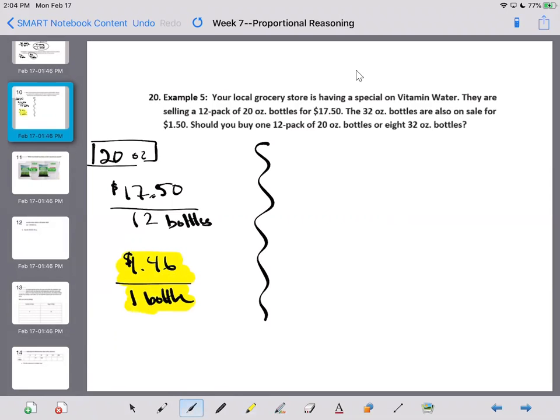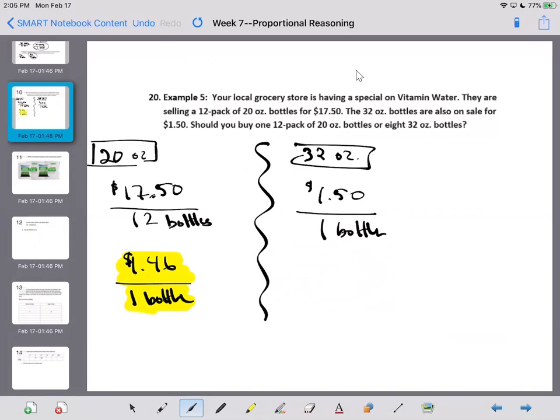The 32-ounce bottles are on sale for $1.50. So we have the 32-ounce for $1.50 per 1 bottle. So it's about a 4-cent difference. Mathematically, we can see that one's different than the other, but typically it comes down to money and price. 4 cents may be a wash.